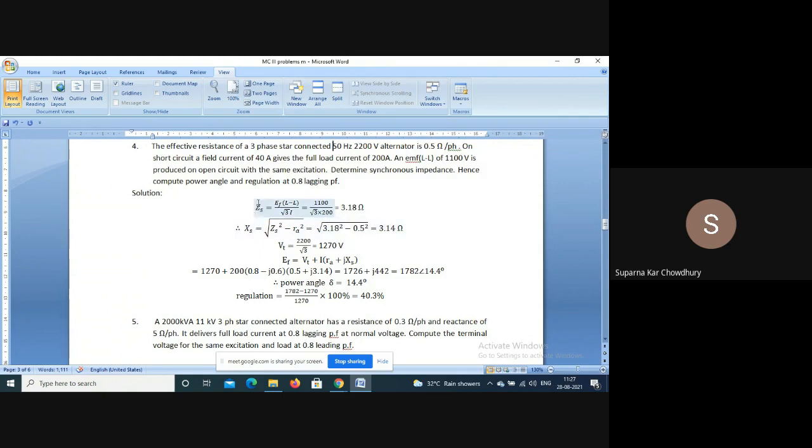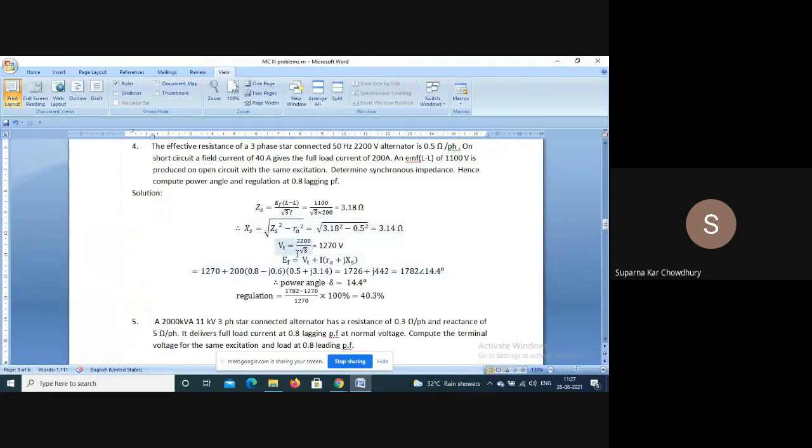So ZS will be the open circuit EMF per phase, 1100 by root 3, divided by this current. So this is 3.18 ohm. Now here resistance is given 0.5. So the synchronous reactance will be the square root of Z square minus RA square, which is 3.14. So these values are almost equal, you can see. That's why we normally neglect the resistance.